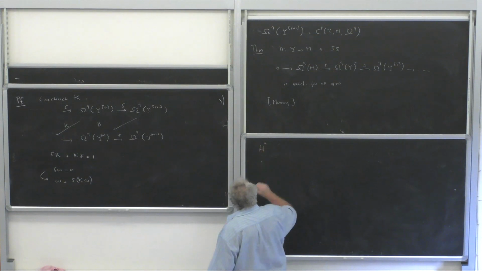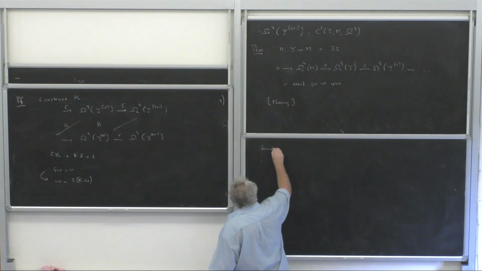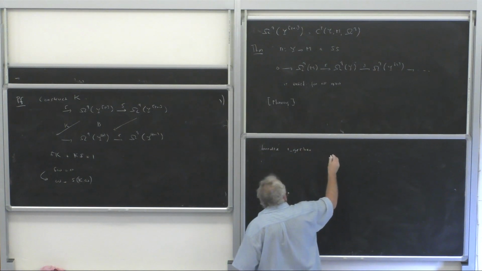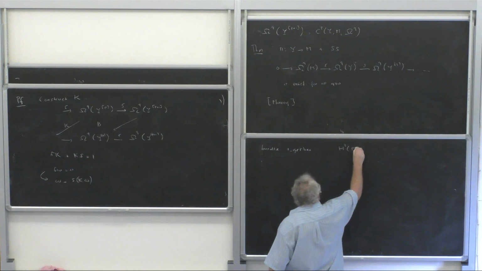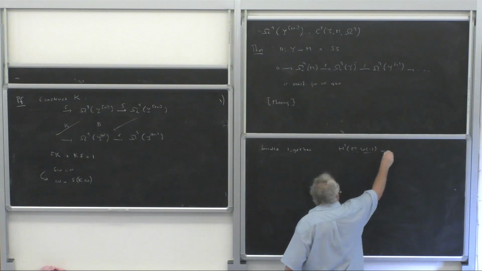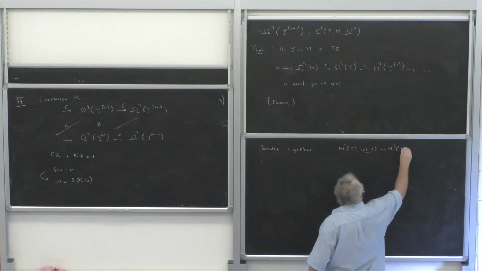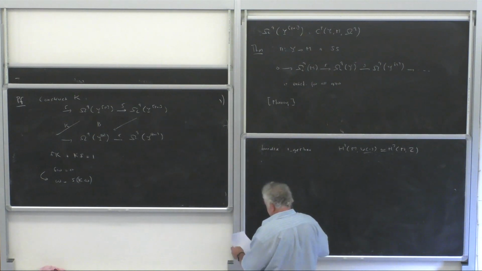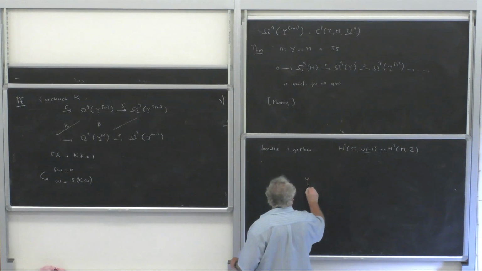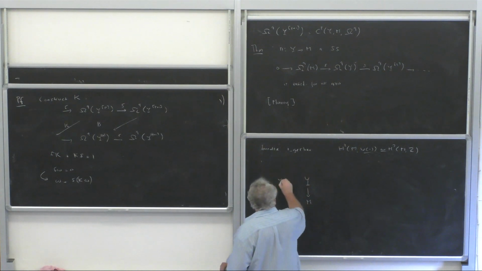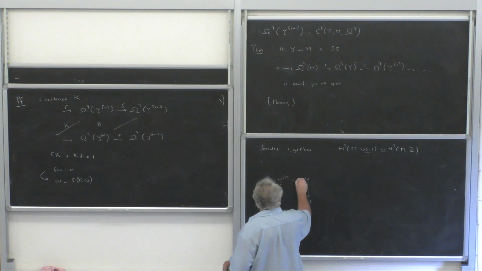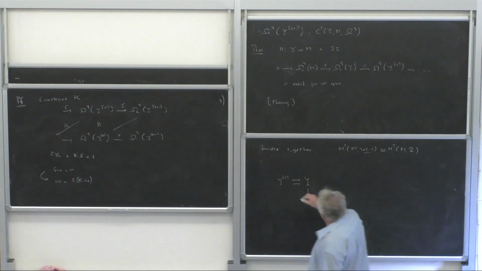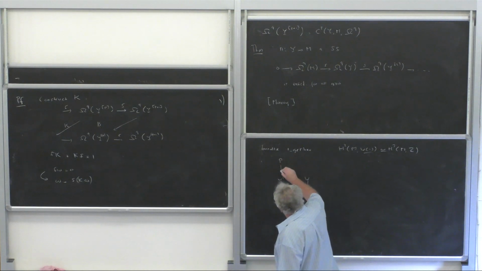So bundle 1-gerbes are related to elements of H^2 of M with U(1)-valued coefficients, or otherwise H^3 of M with Z coefficients. And let me just draw a picture of what they are. You have a surjective submersion, you have this fiber product, and instead of functions you now have U(1) bundles over Y^[2].